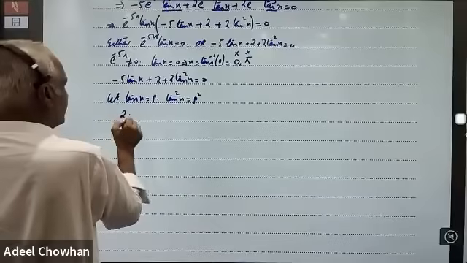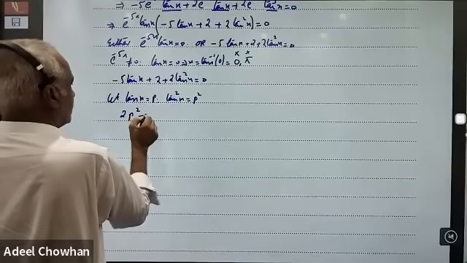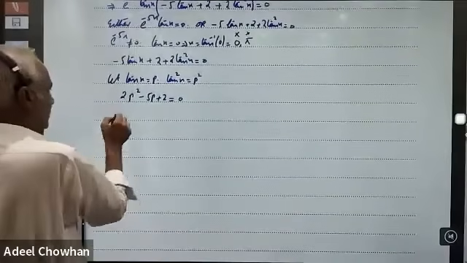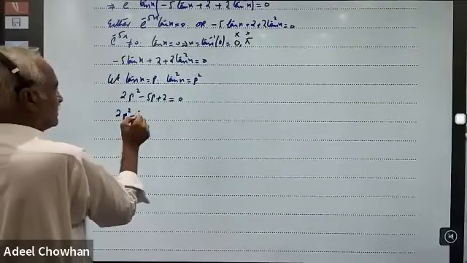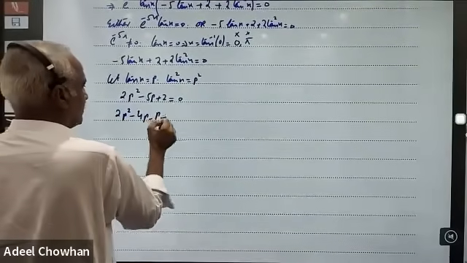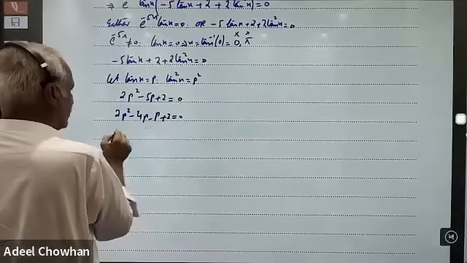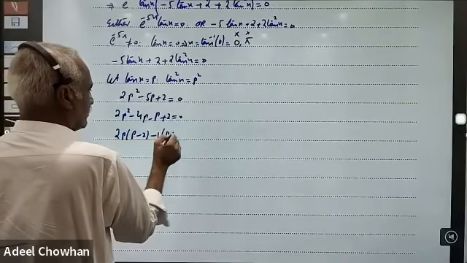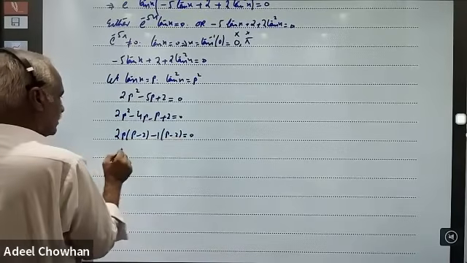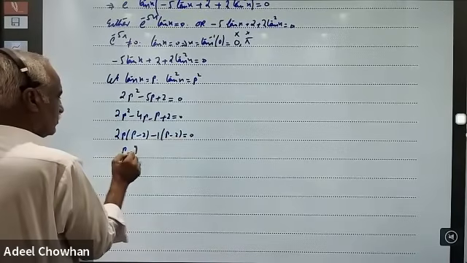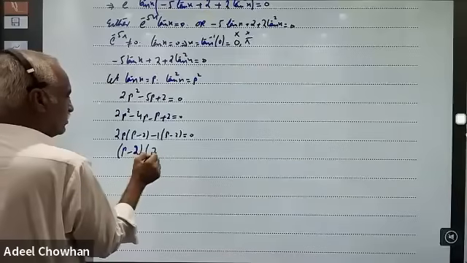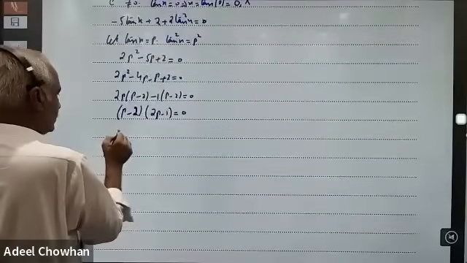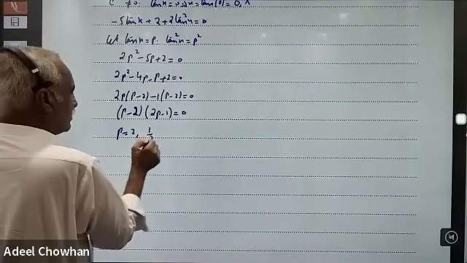Then we can find this one as 2p square minus 5p plus 2 equal to 0, or 2p square minus 4p minus p plus 2 equal to 0. 2p is common, p minus 2 minus 1 is common, p minus 2 equal to 0, or p minus 2 into 2p minus 1 equal to 0, p is equal to 2, and p is equal to half.